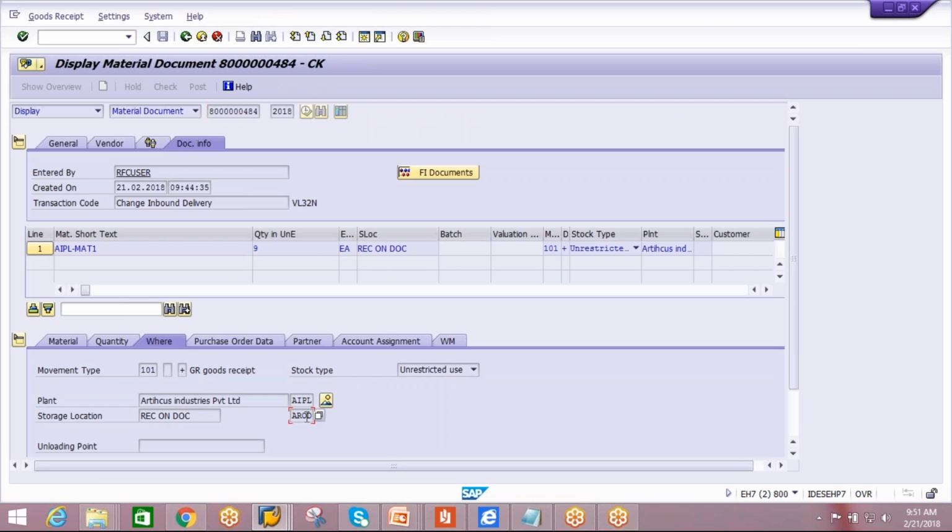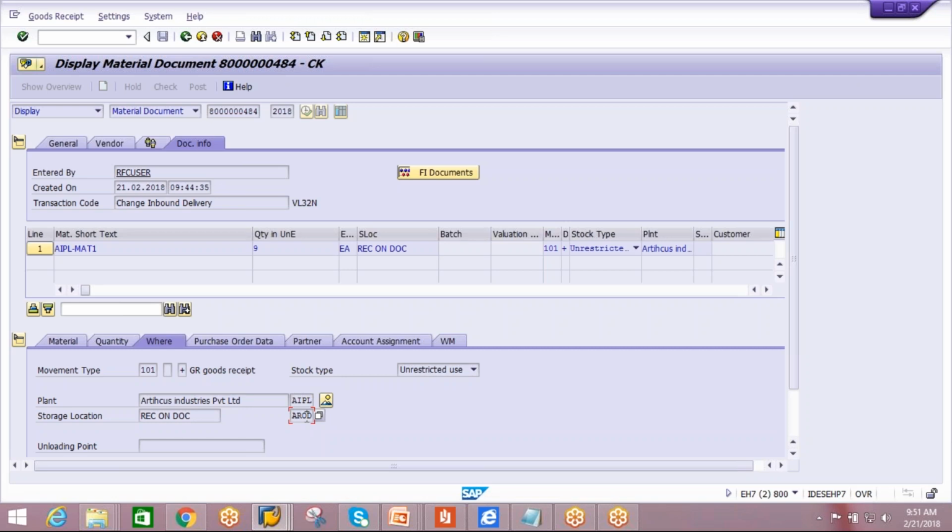See what is happening in the ECC system after goods receipt. First a 101 movement type document is created against our AROD storage location. Then we placed it into the respective final storage bin.